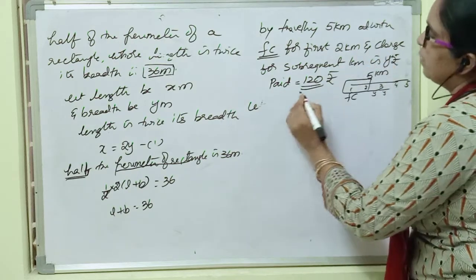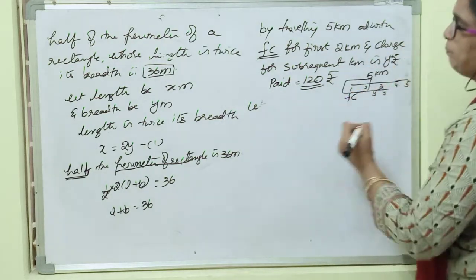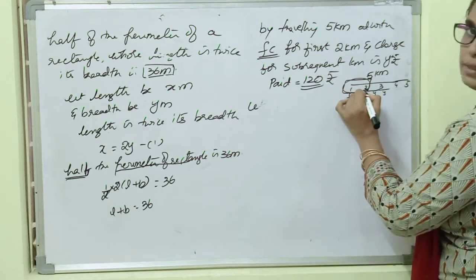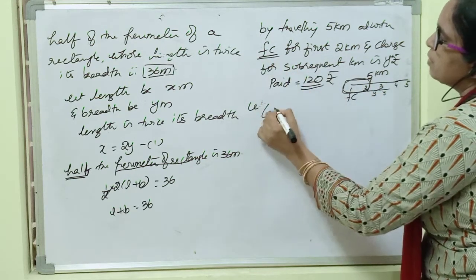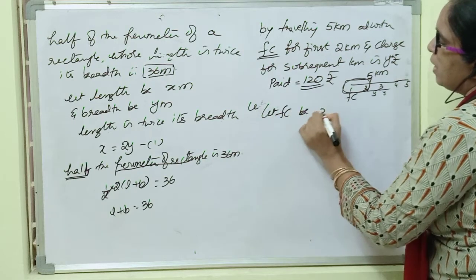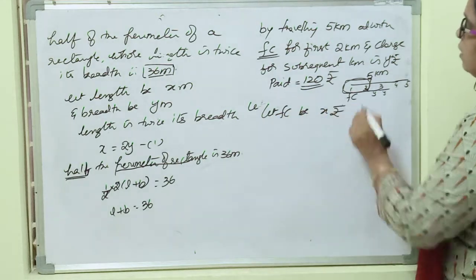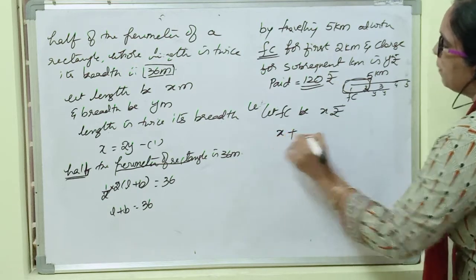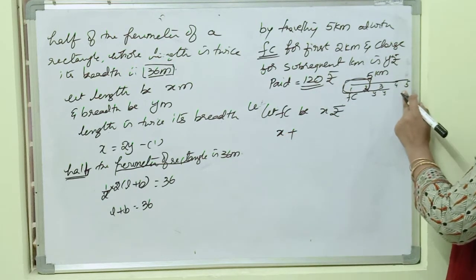So our equation is: for the first 2 kilometers it is x rupees, let the fixed charge be x rupees. For the first 2 kilometers I am paying x rupees, plus the remaining kilometers.